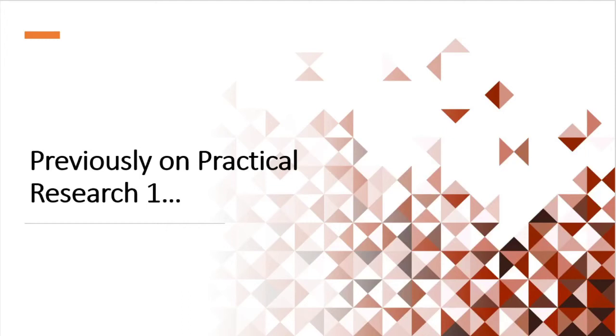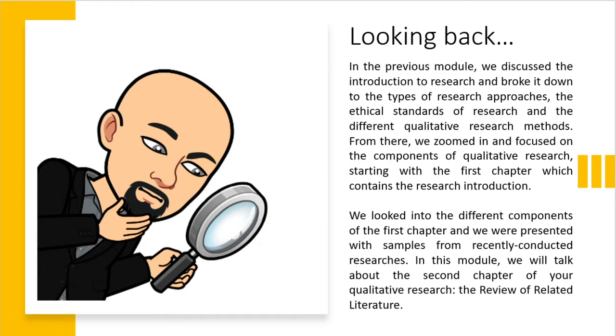Previously on Practical Research 1. In the previous module, we discussed the introduction to research and we broke it down to the different types of research approaches. We talked about the ethical standards of research as well as the different qualitative research methods.